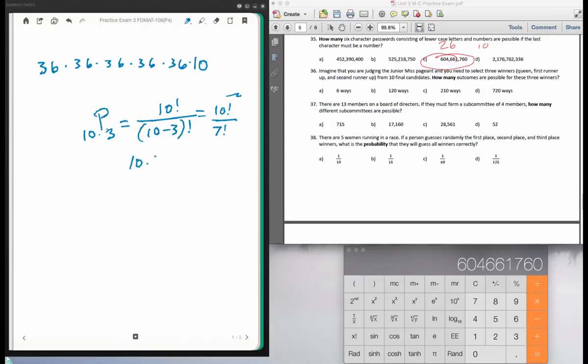And so that's 10 times 9 times 8 times 7 factorial divided by 7 factorial. We cancel out those 7 factorials, and so we're left with 10 times 9 times 8, or 720. So D, 720 ways, is the correct answer.